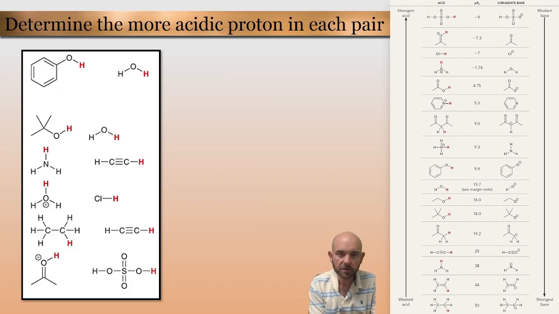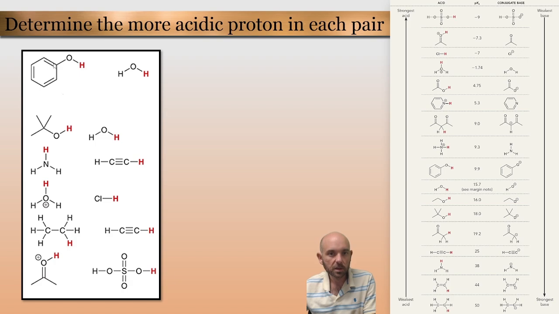So we have our first couple of examples here that say determine the more acidic proton in each pair. These questions are really just trying to get you to evaluate the pKa table. In fact, I think every species here is represented directly on this pKa table. So let's line the pKa's up with the species that we see.